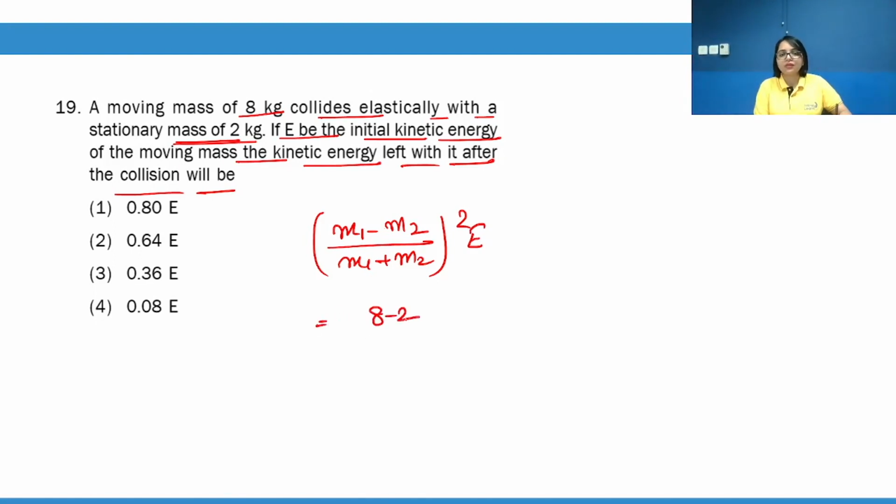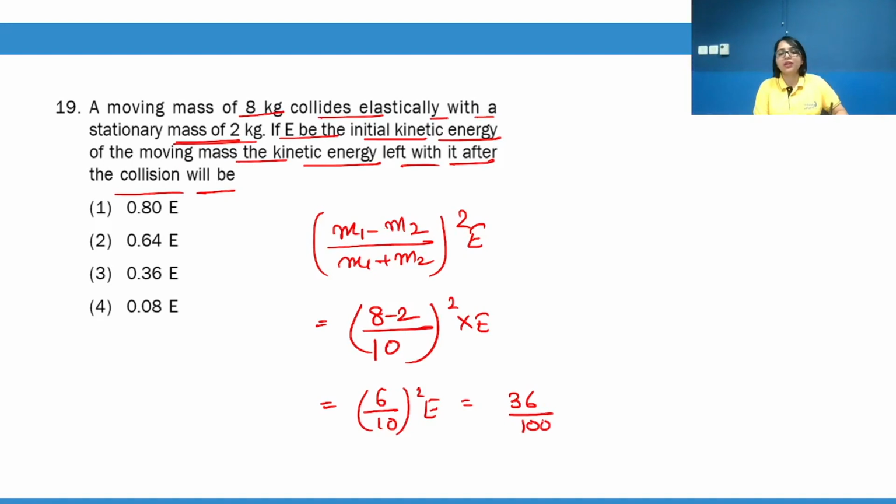So 8 minus 2 divided by 8 plus 2, that is 6 upon 10 whole square into E, which is 36 upon 100 into E. So it is 0.36 E, which is option 3. So this is the kinetic energy left after the collision, which is option 3.